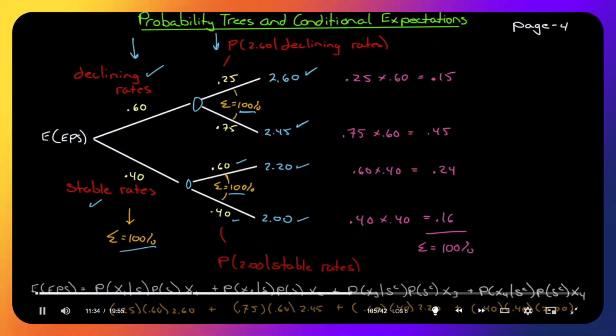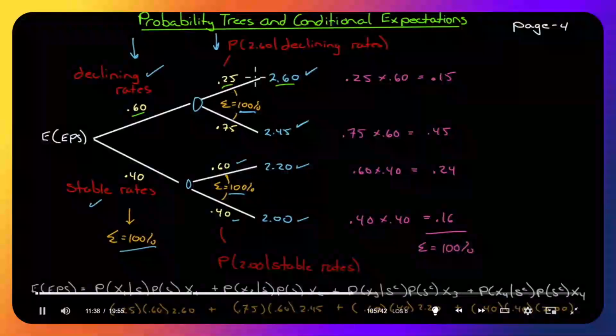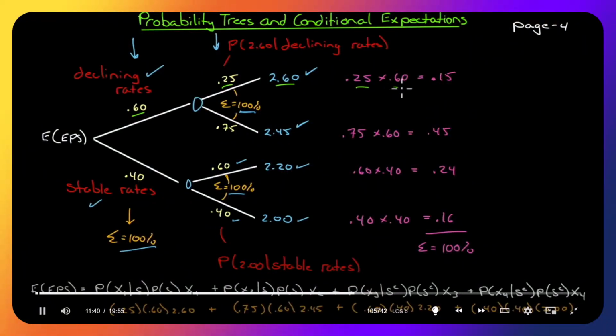We can calculate the probability of 260 happening. It is just the multiplication of two probabilities, 0.6 times 0.25, 0.15. The probability of 245 happening, we have 0.75 times 0.6 or 0.6 times 0.75, whether you read the tree forwards or backwards, 0.45, 0.24 at $2.20, and 0.16 at $2.